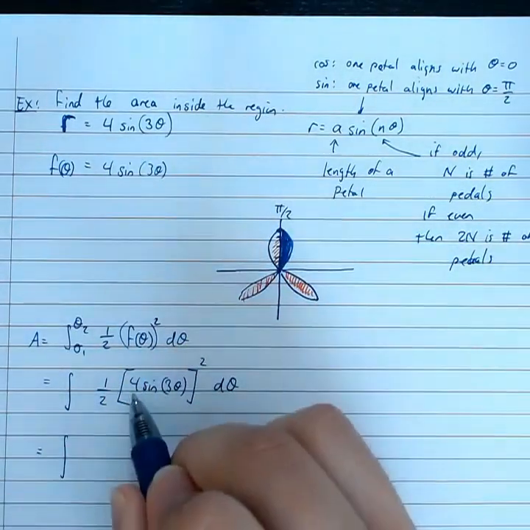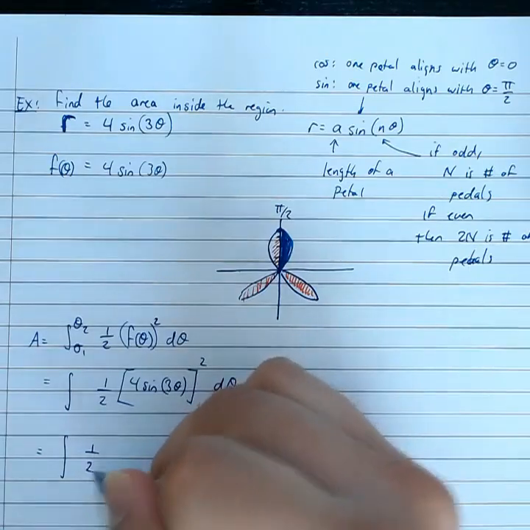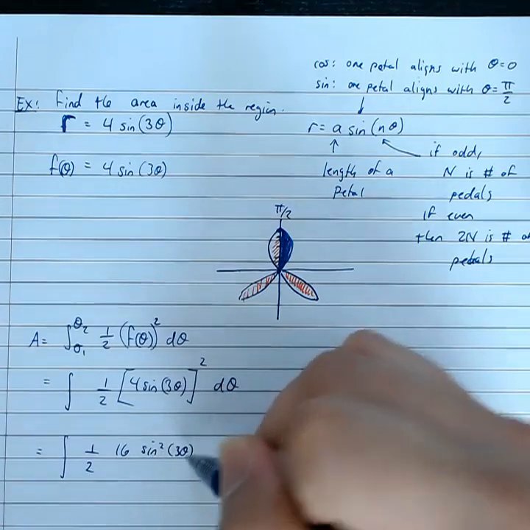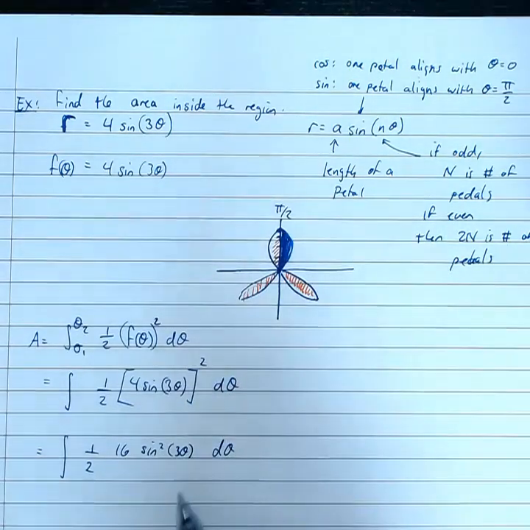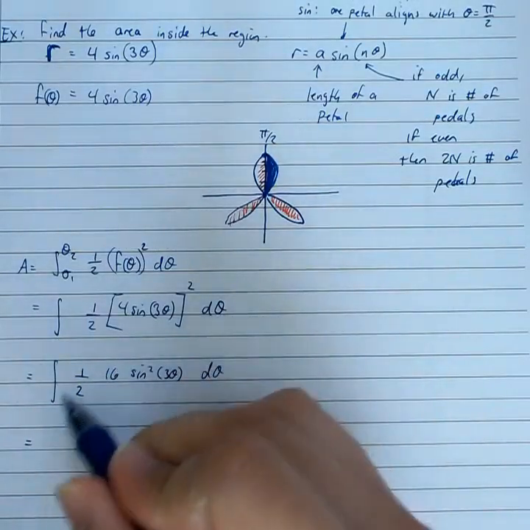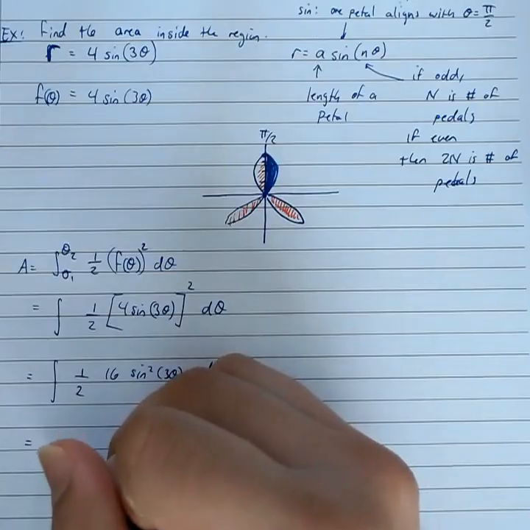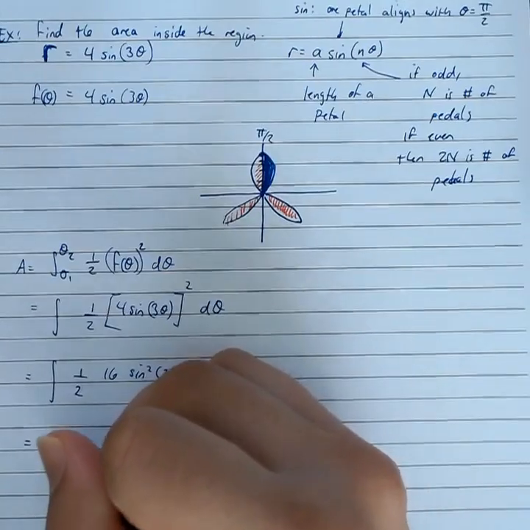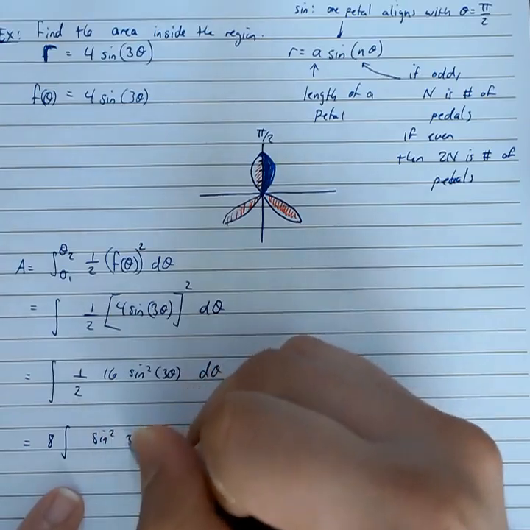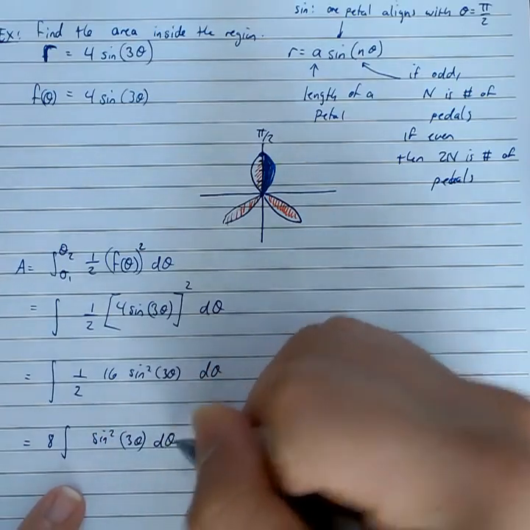We can write that as, let's see, 4 squared is 16, sine squared of 3 theta d theta. And of course, half of 16 is 8. Since that's a constant, let me pull it to the outside. That'll be 8 times the integral of sine squared of 3 theta d theta.